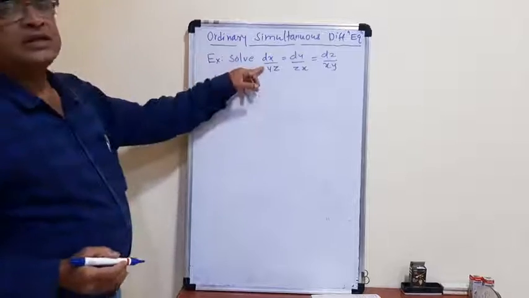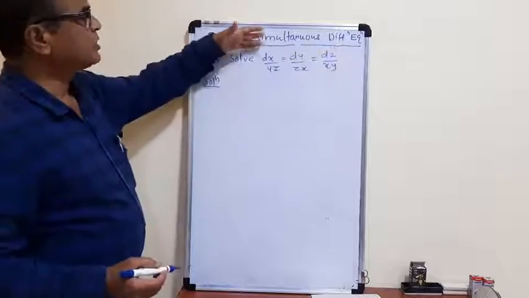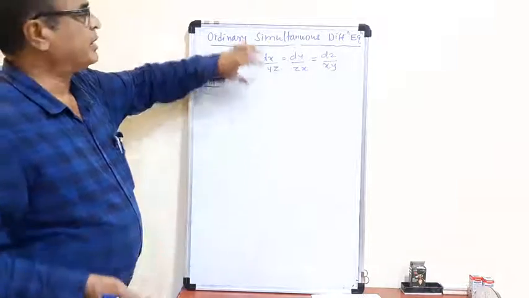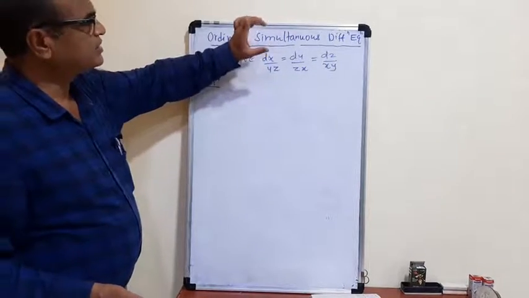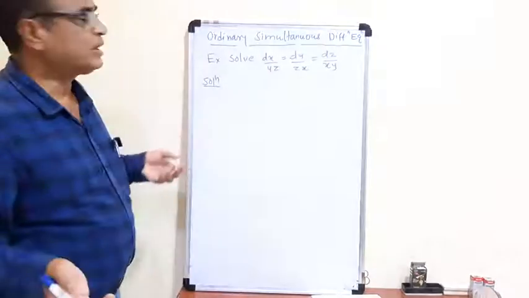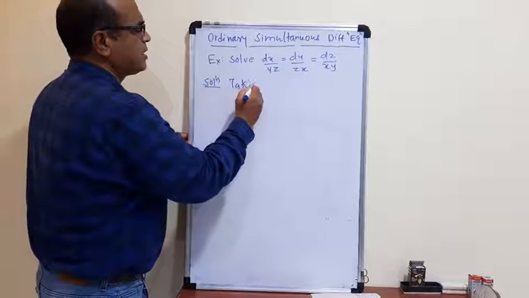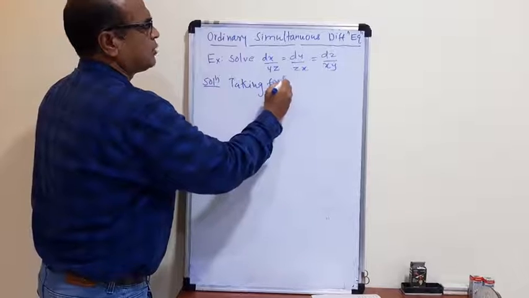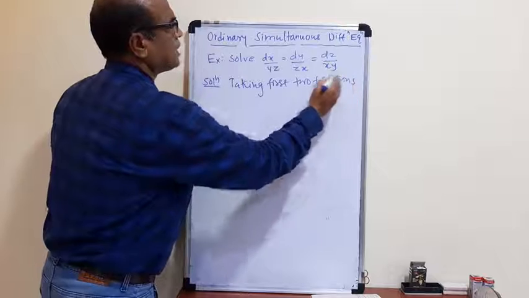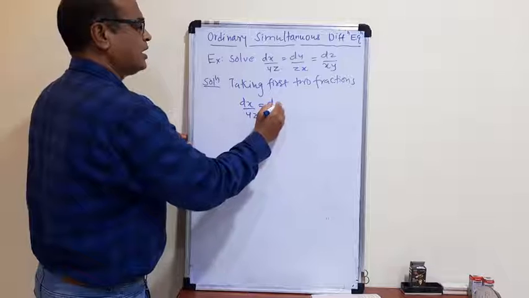We say each of these is a fraction, and this fraction is equal to this fraction is equal to this fraction. How to solve this? We take the first two fractions: dx upon yz is equal to dy upon zx.